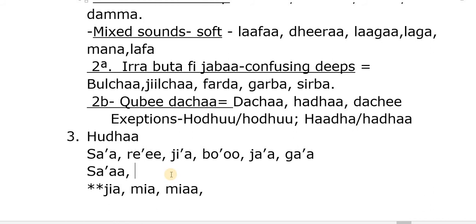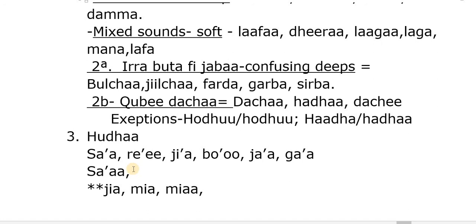We don't use apostrophe for possession. Apostrophe here plays a very, very important role in writing Oromo. There are words which have clearly heard vowels like sa'a, re'e, ji'a, bo'o, ja'a, ga'a, and so on.